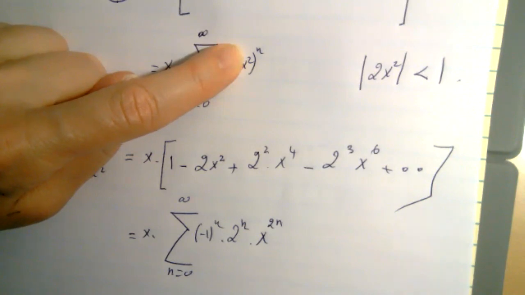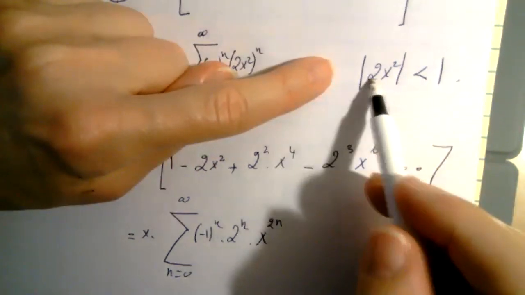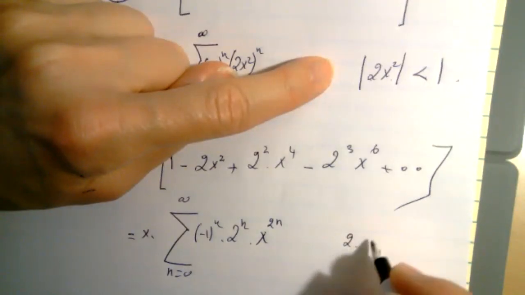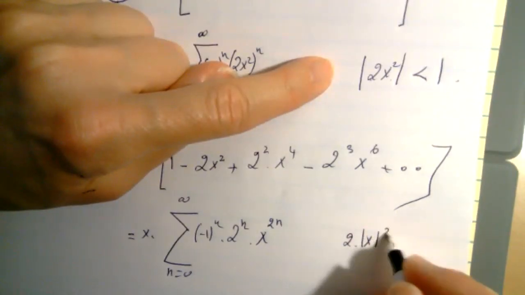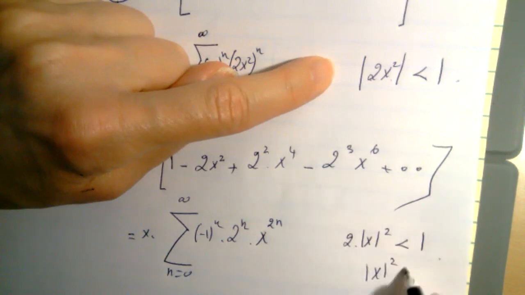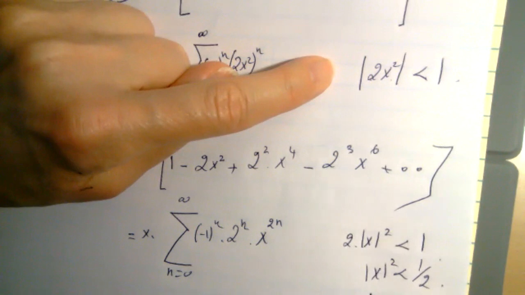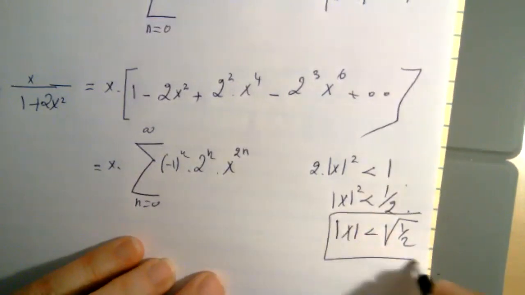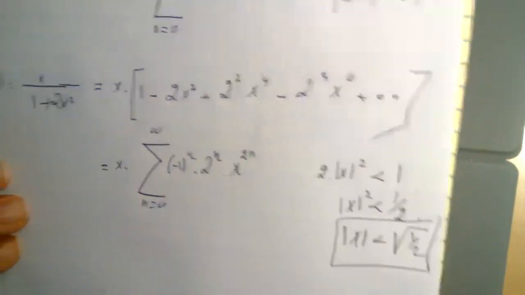Now, what is the domain? 2x squared is less than 1, it means 2 times x to the power 2 is less than 1. So it means x squared is less than a half. It means the absolute value of x is less than the square root of 1/2. So these are the values of x that will be accepted.